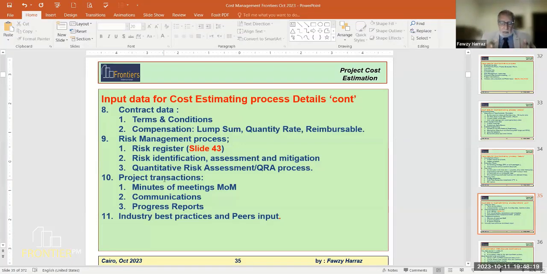I mean, we'll start with a project estimate, or say a bid price if I'm a contractor. And then during the course of the project, there will be some meetings, discussions, communication, progress reports.